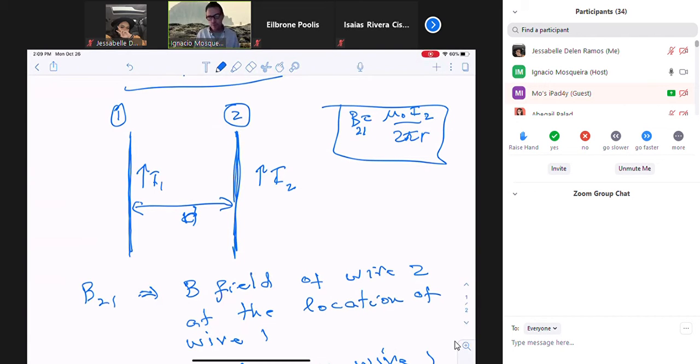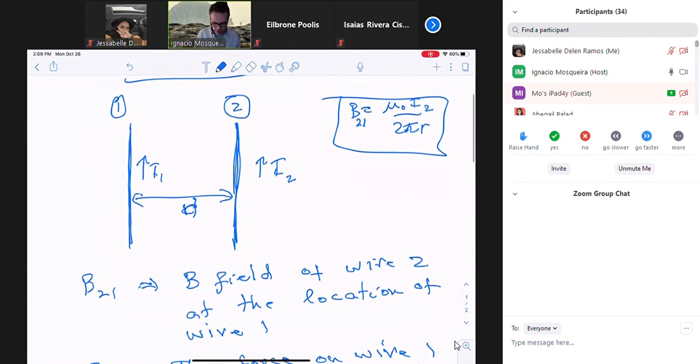Here, for this expression, we're going to get the same thing as in the PowerPoint, and it doesn't matter whether you choose to use first the B field of wire 1 or the B field of wire 2 to begin with. But let's do 1, and then we can compare with the formula in the PowerPoint. See if we got the same thing.